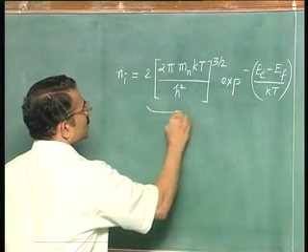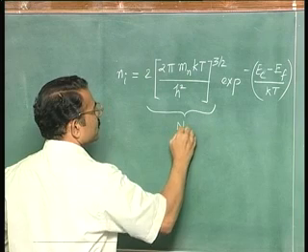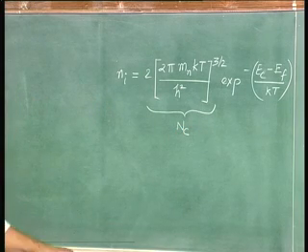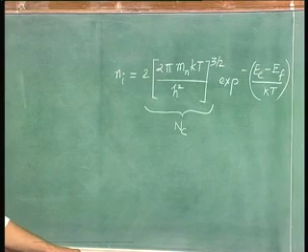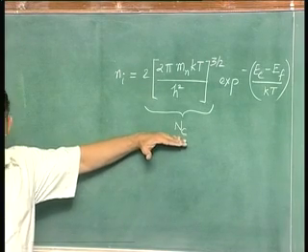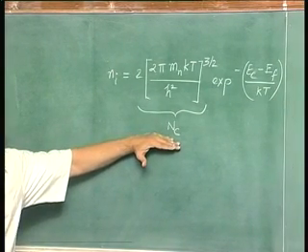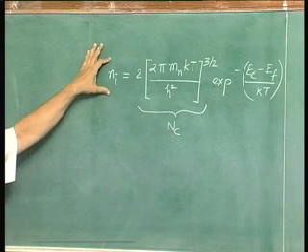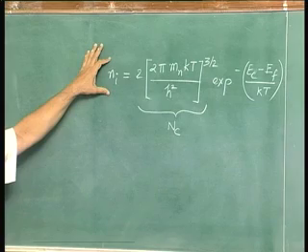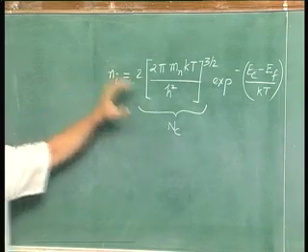Let us denote this term by Nc, N suffix C, and let us try to interpret this constant Nc. Physically, what could it mean? As we have said, this Ni represents the occupied conduction band states. Let us look at this function.